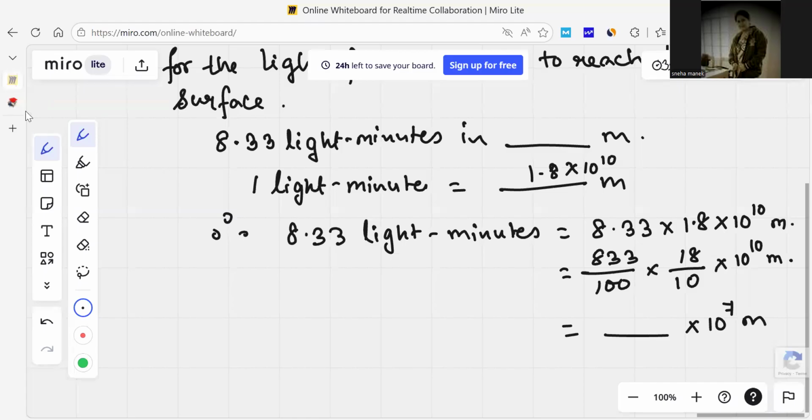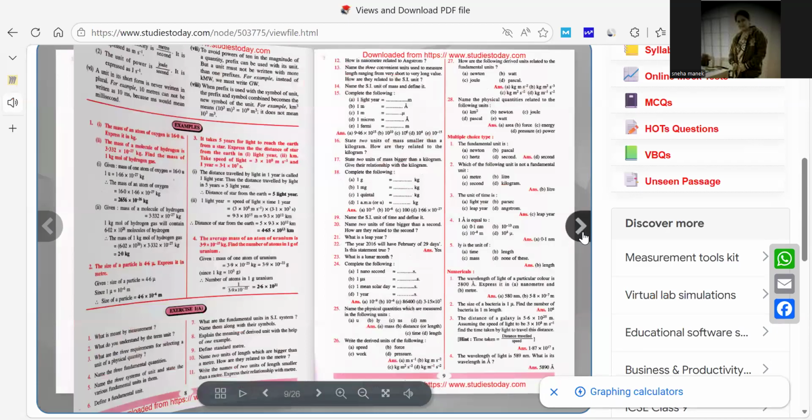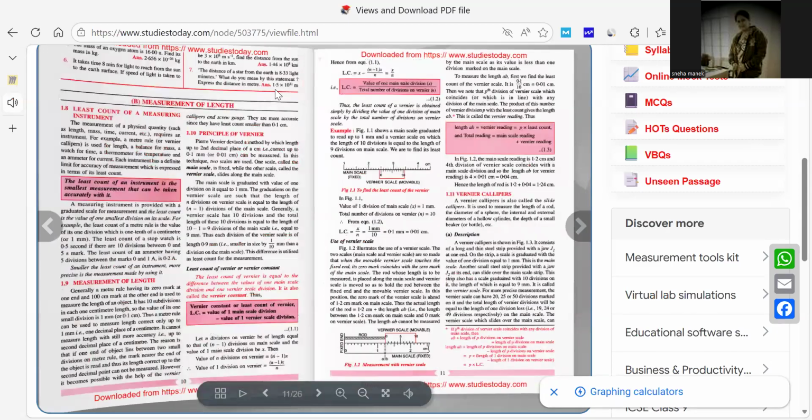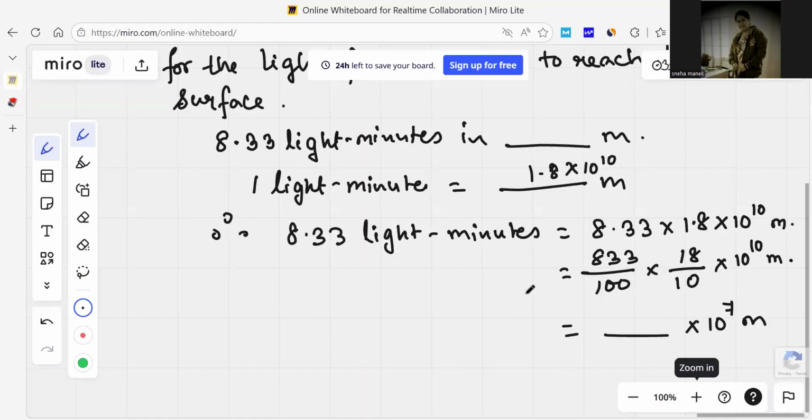I'll just help you out with the answer, but the calculation part you have to do. Here it is given 1.5 into 10 to the power 11.